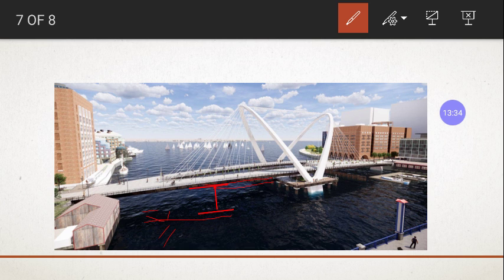The distance between the bottom surface of the bridge and the top surface of the water is called the freeboard.